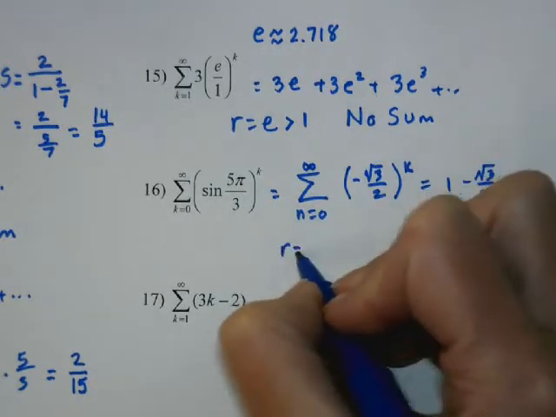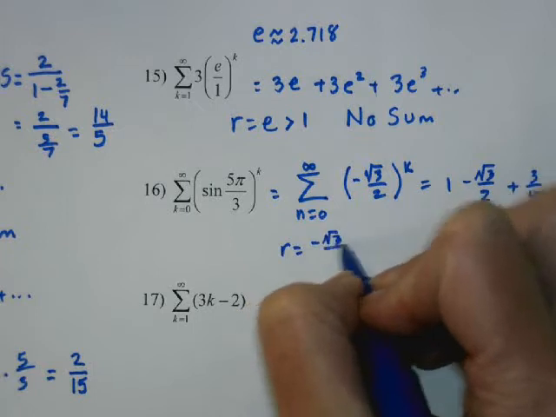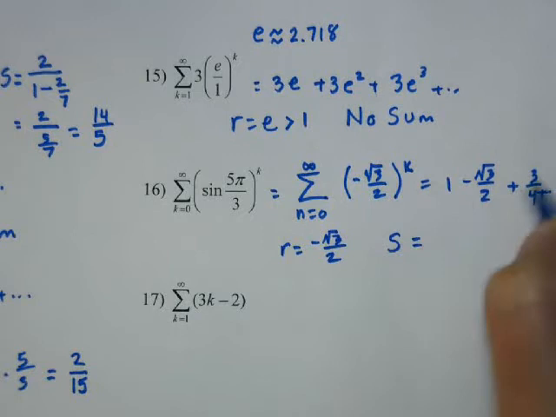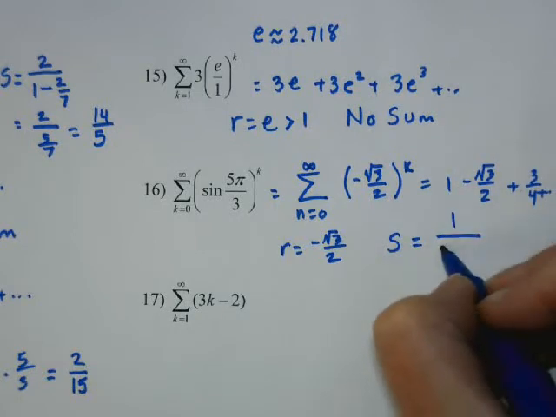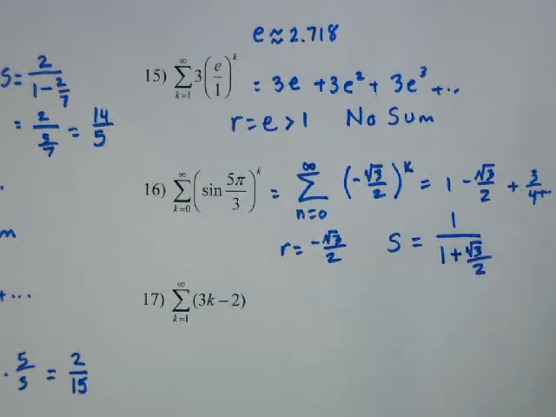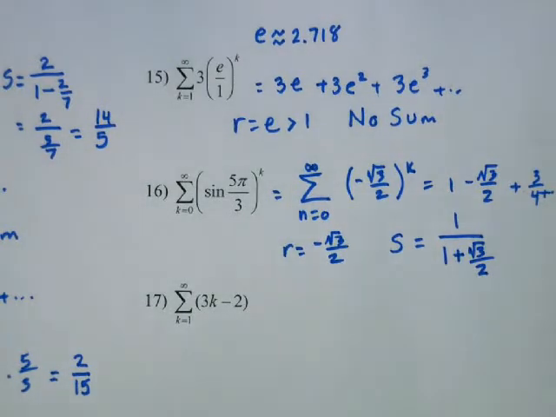So my common ratio is -√3 over 2, which is between -1 and 1. My a1 is 1 over 1 minus -√3 over 2. And you could simplify this down further, but we're just going to leave it like that.